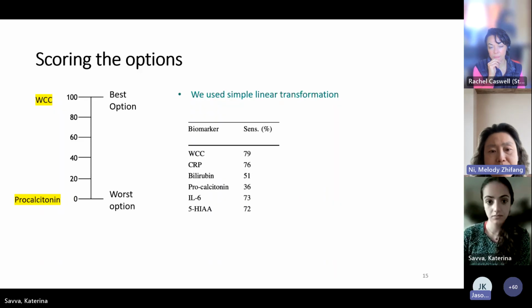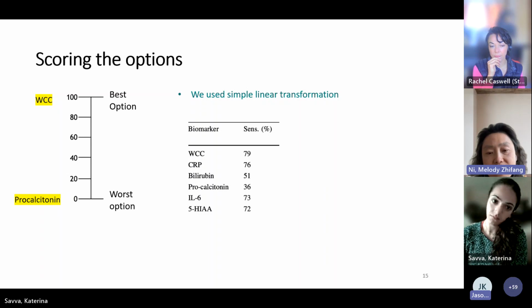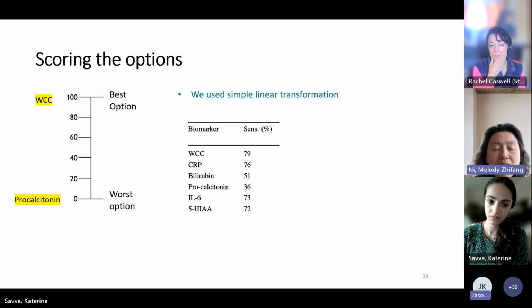Next slide, please. So we got this information, but to apply the MCDA, we need to score the options. Scoring the options means that we convert the actual sensitivity, specificity and so on into scores. In MCDA jargon, this is called an interval scale.